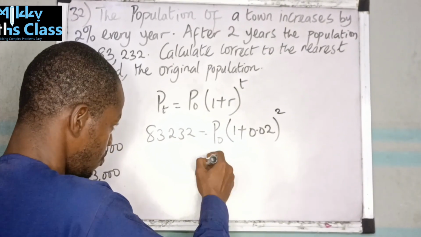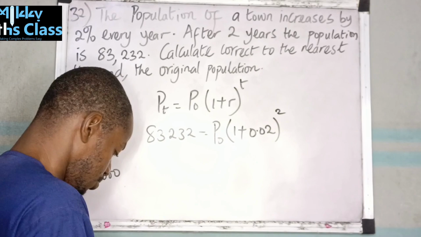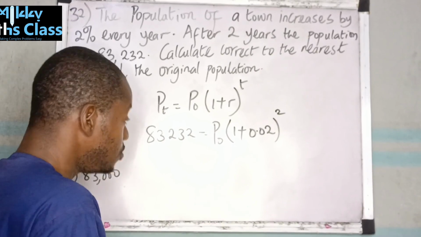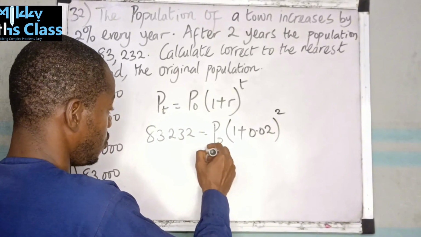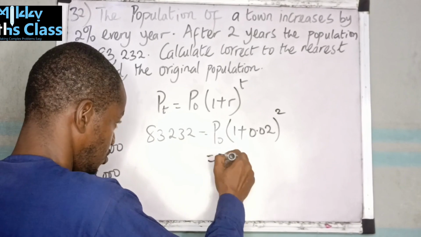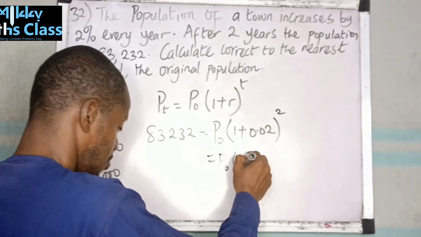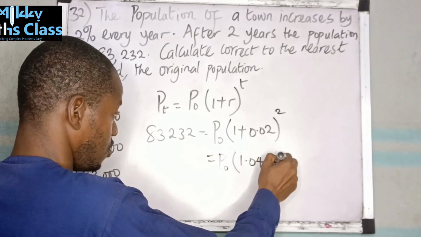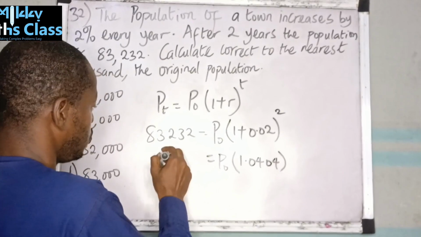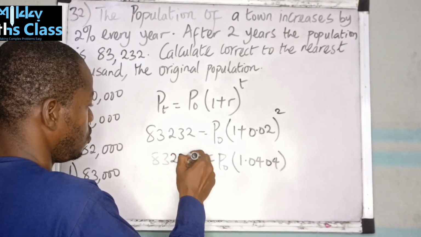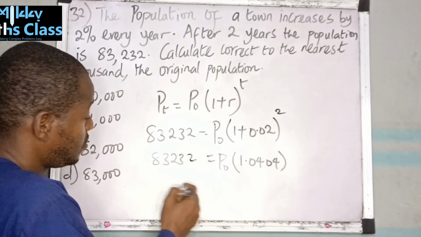So from here, I'll press our calculator, and this becomes P naught into bracket 1.0404, and we still have our 83,232.